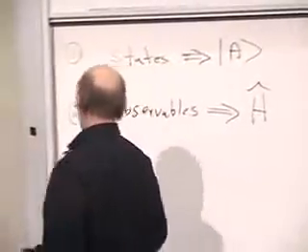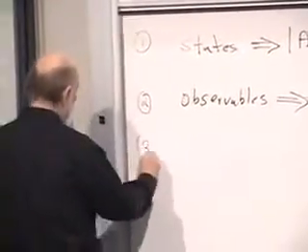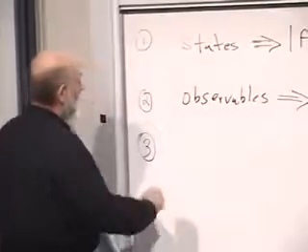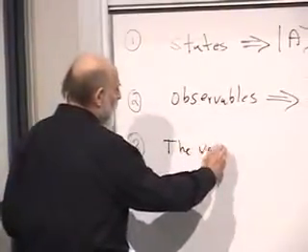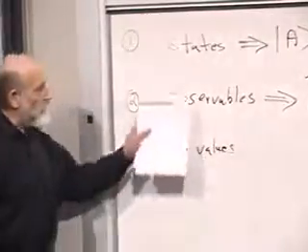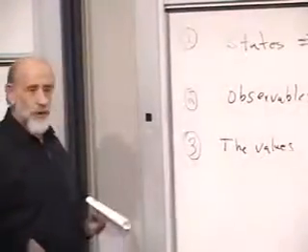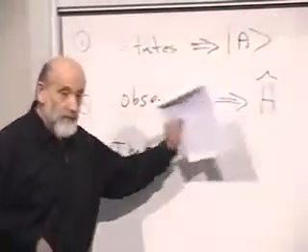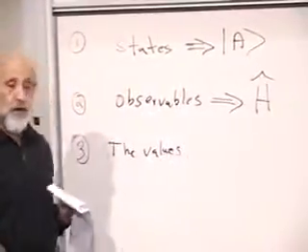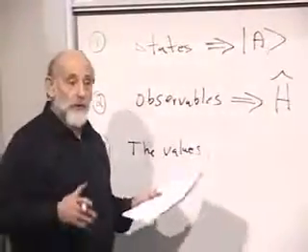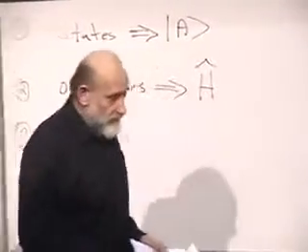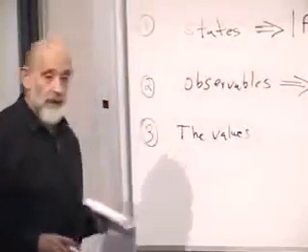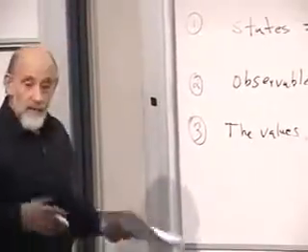Number 3, third postulate, the values. You're going to do an experiment now, and you're going to observe a particular observable that corresponds to a Hermitian operator H. What are the possible results that you can get of the measurement? You make a measurement of H, whatever H is, and you get a value.